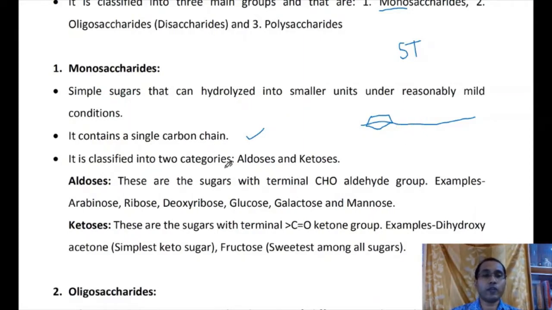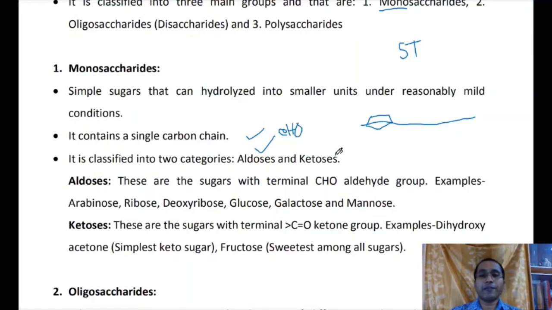It is classified into two categories, aldose and ketose. Aldose means it has an aldehyde group at one functional end. Aldehyde means CHO.